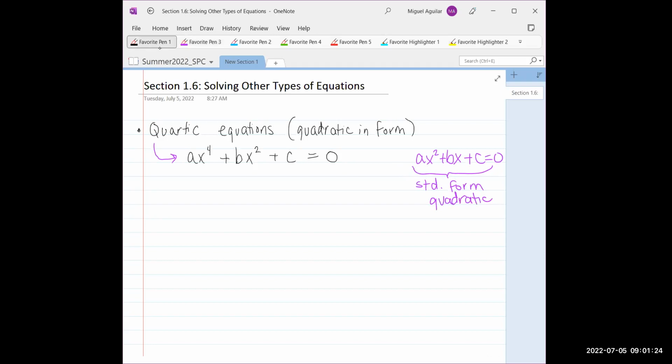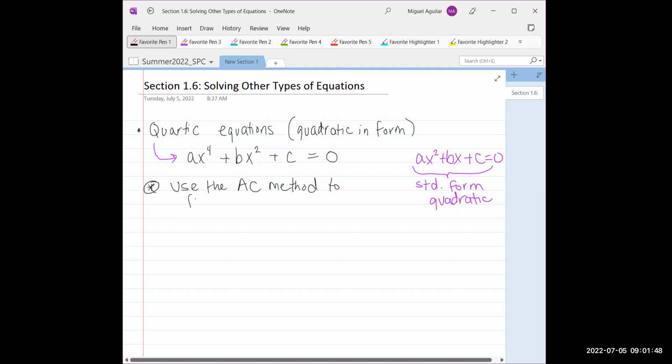Now, even though this is a new type of equation, we have all of the skill sets that we need to solve a quartic equation if it's quadratic in form, because all we need to do to solve this is use the AC method to factor the quartic polynomial, that trinomial, the ax to the 4th power plus bx squared plus c, that's going to be factorable.